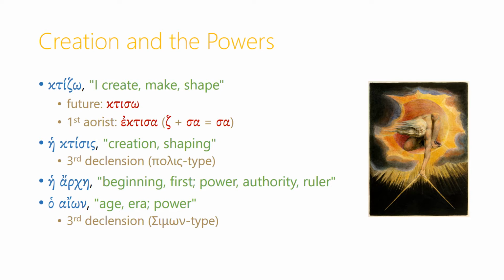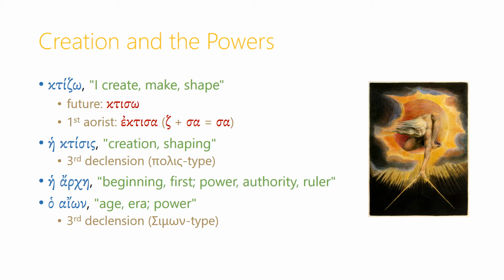The corresponding noun is he ktisis, creation or shaping. And this is a third declension noun of the polis type. So, for example, the nominative plural will be hai ktiseis. He arche can mean beginning or first, but it can also mean a power or an authority or a ruler. And in the New Testament, there's often quite a bit of ambiguity when there's reference to archai, the powers, whether we're talking about human rulers or spiritual powers.